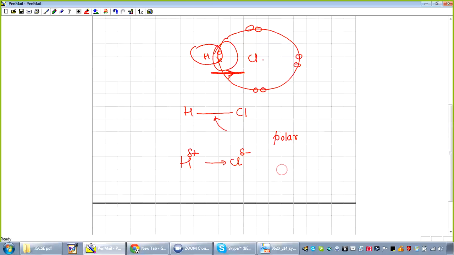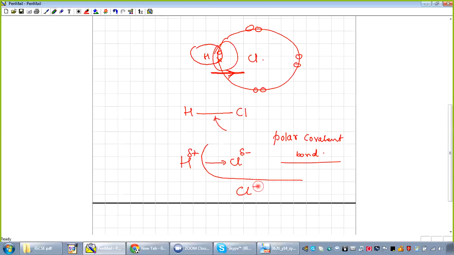A polar bond is such a bond where the sharing of electrons is not equal. Because obviously the sharing of electrons is unequal here, we call this bond a polar covalent bond. Whenever you dissolve such polar covalent substances in water, chlorine will take away both of these electrons. So Cl is going to take away that electron of hydrogen.